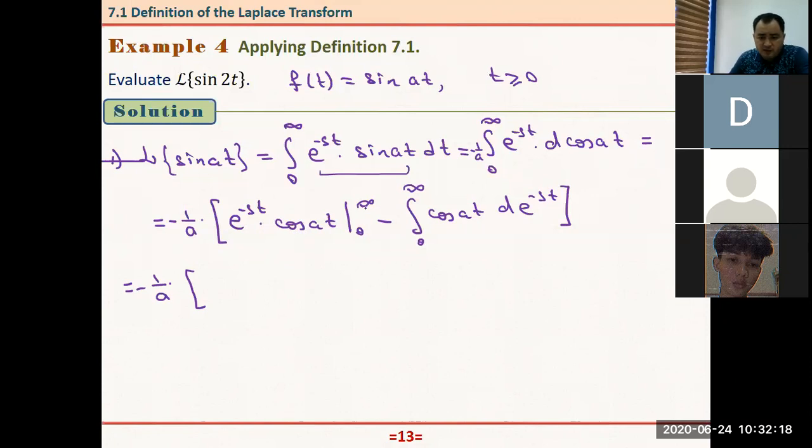So this thing, when it goes to positive infinity, is equal to 0, right? 0 minus, when t equals 0, here we have e to the power 0 times cosine of 0, that's equal to 1. Minus, now here, if I just bring this out, right, minus s comes to the front. With this minus, it is plus s times the integral from 0 to positive infinity. Here we have e to the power minus st times cosine of at, and here we have dt.